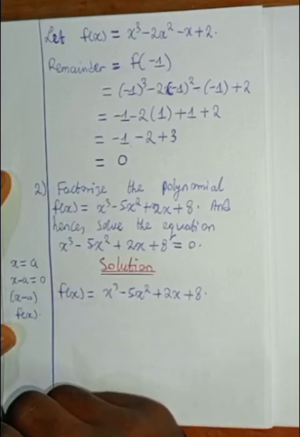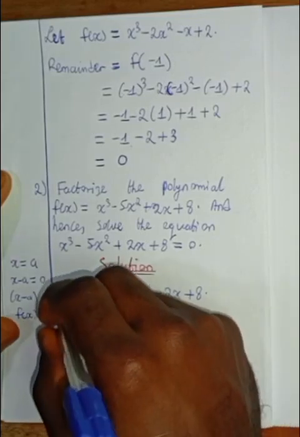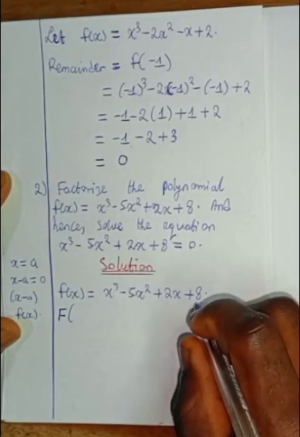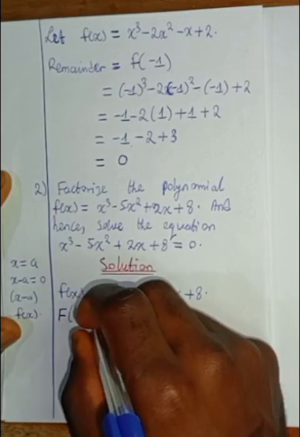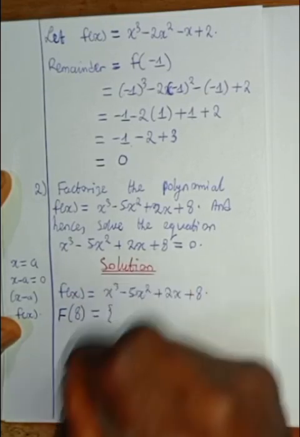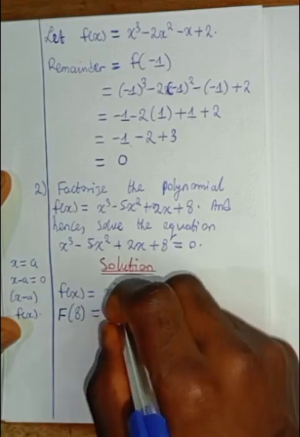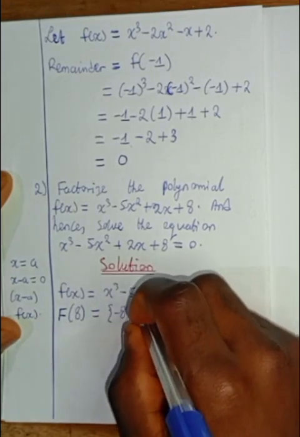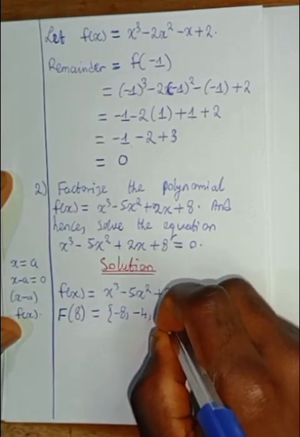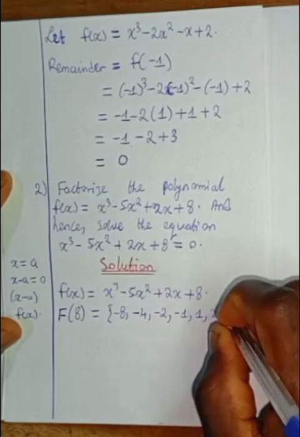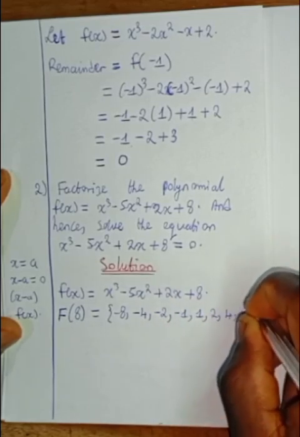And for us to easily get the value of e, we are going to start by writing out the factors of the constant term, which is 8. We write out all the negative and positive factors. We have negative 8, negative 4, negative 2, negative 1, 1, 2, 4, 8.